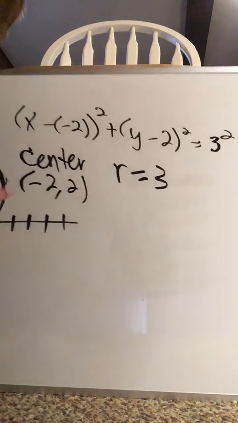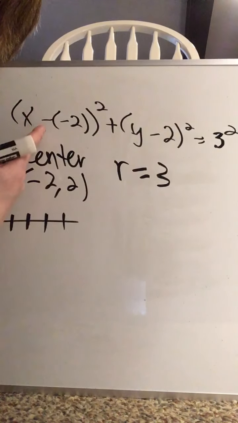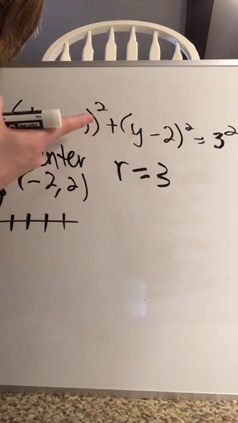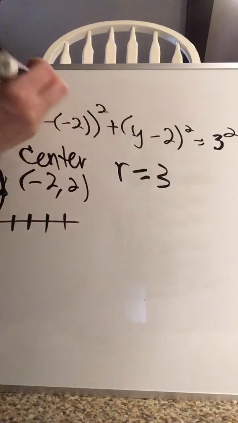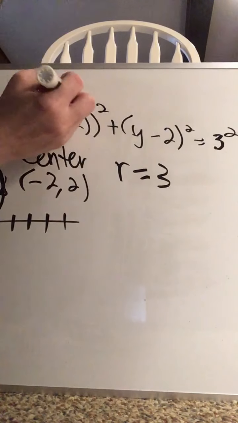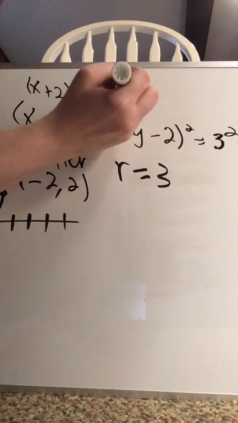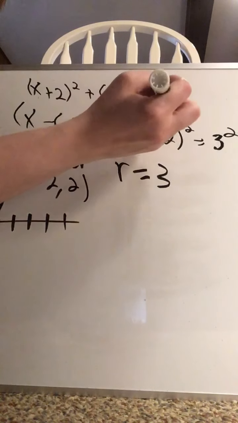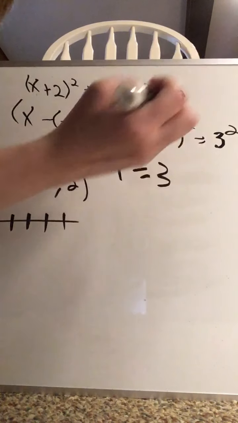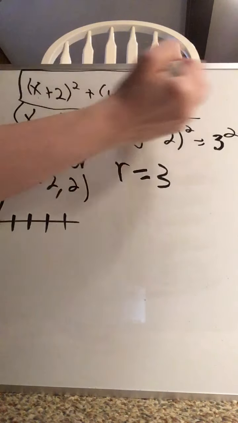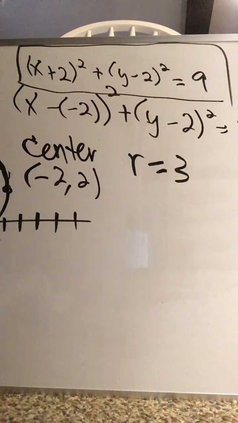Now, this minus a negative, I wrote it that way because the generic formula is x minus h squared. So x minus -2 would actually make it x plus 2 squared. Then (y minus 2) squared, and 3 squared is 9, right? So this is the equation for the circle.